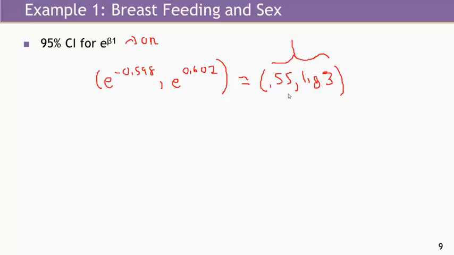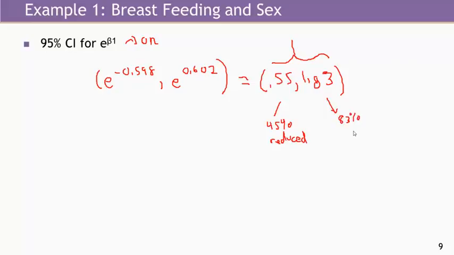So this says after accounting for the uncertainty in our estimates, the true difference in odds of being breastfed between males and females in this population could be such that males have anywhere from 0.55 times the odds of females to 1.83 times the odds, anywhere from 45% reduced odds up to 83% greater odds than females.